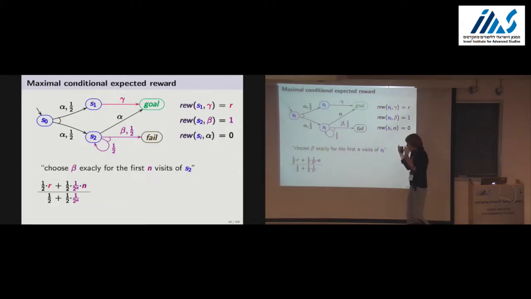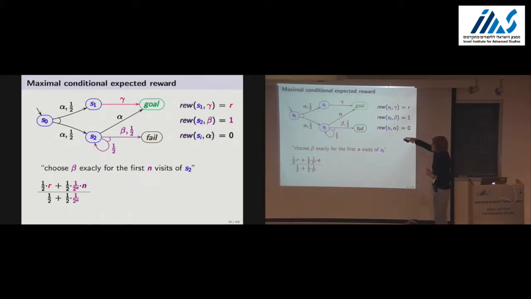Look now at a history-dependent scheduler, which chooses beta exactly for the first n visits of S2, and for the n plus first visit we take action alpha. Then the conditional expectation is given by this value here. So we have 2 options to reach the goal.